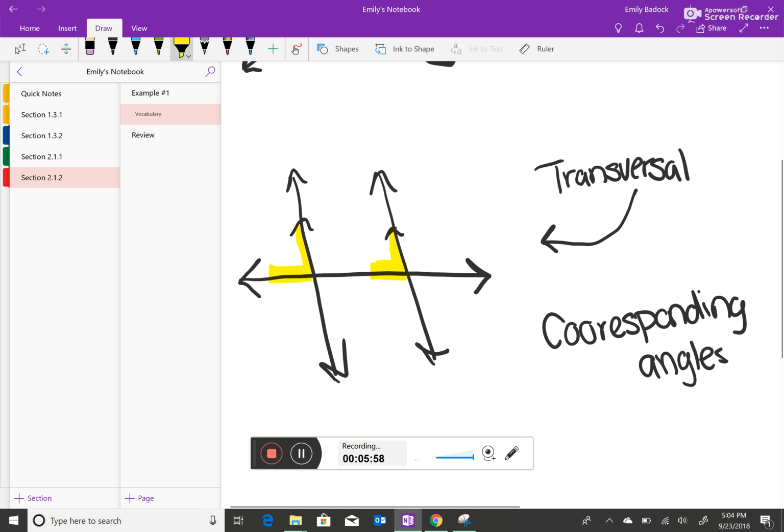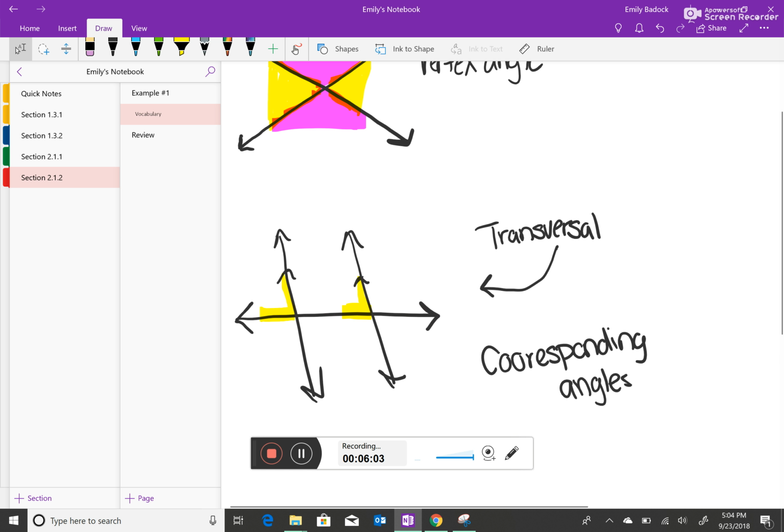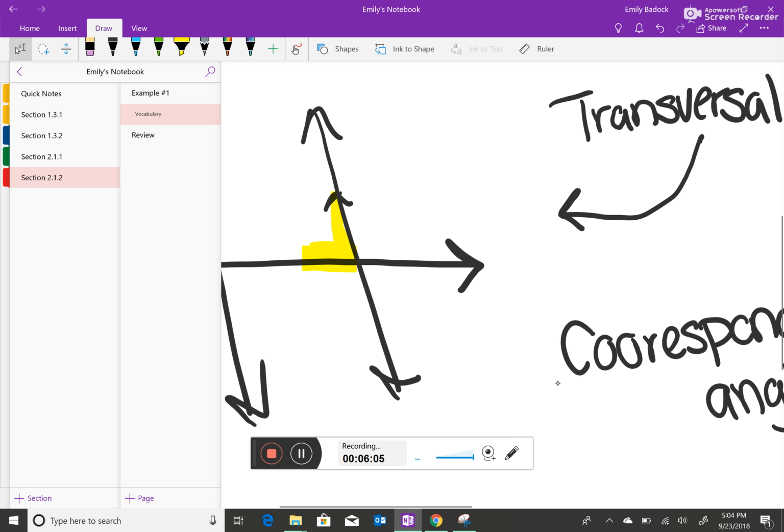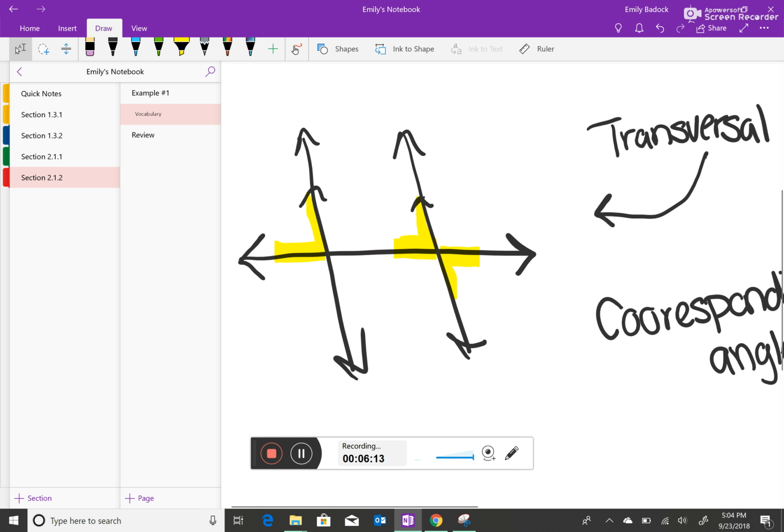If you think about it, based on what you did up here yesterday, you know that this angle has to be equal to this angle because of vertex angles, which means we can then assume that this guy is now equal to this guy.